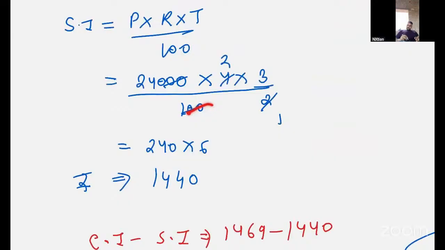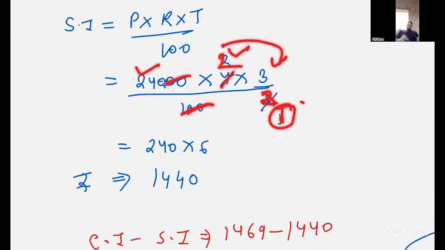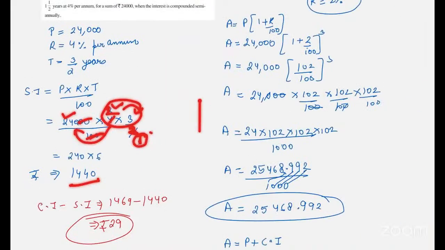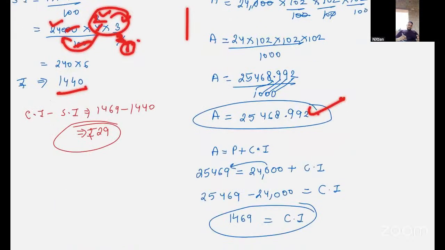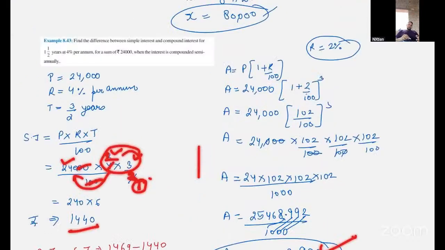I cut with these two zeros. Now two ones are two, twos are four. Now in the denominator nothing is there. So 240 into 2 into 3, 2 to the 6. So 240 into 6, I got the answer. And then I solved the amount, got the compound interest, and subtracted the simple interest from the compound interest because they are asking for the difference only.